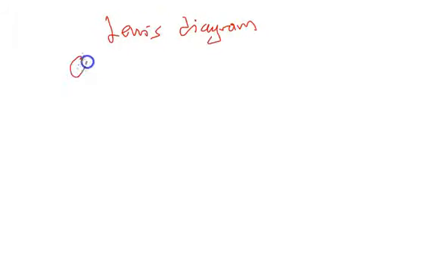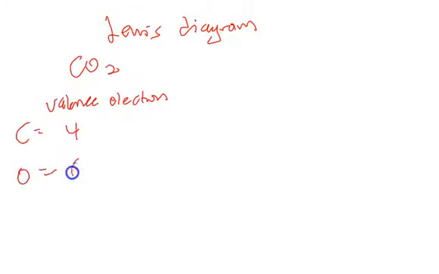So we have carbon dioxide. So carbon is group 14, so they have 4 valence electrons. So we just look at valence electrons. Oxygen is 6. So we have to look at the single carbon and put it in the center, with the oxygens on either side.